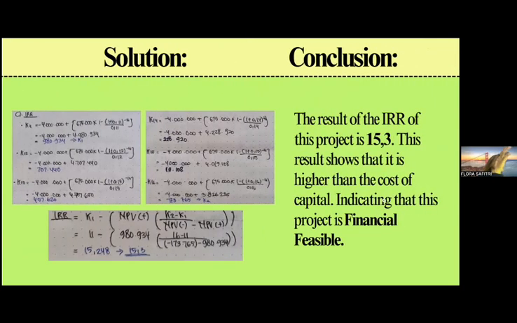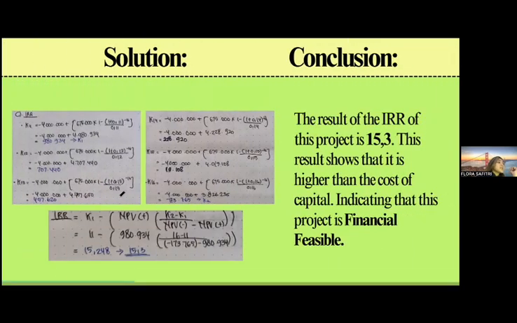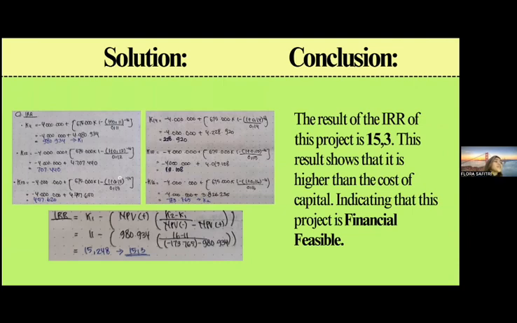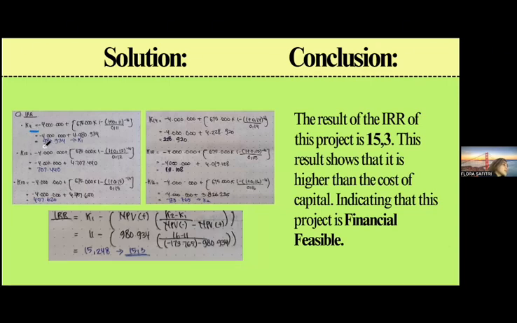Here is the solution for the internal rate of return. The first thing we have to do is search for the NPV at K11 until K16. For K11, the result is 980,934. For K12, we get 740,000.